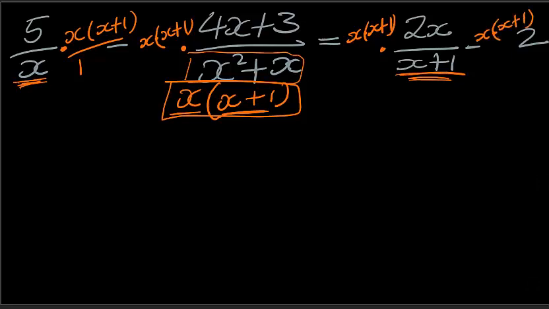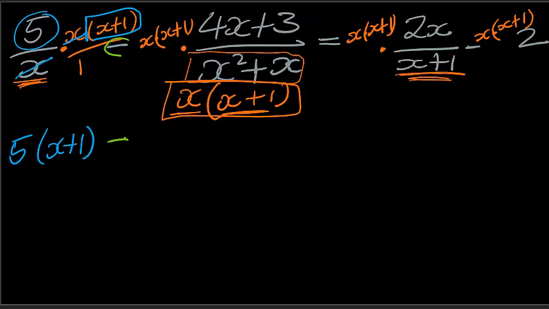Okay, so let's do this. In our first one, x and x cancel out, so I have 5, and then I have x plus 1, 5 times x plus 1. Minus, that's that sign. So here x plus 1 cancels out with x plus 1. So what we have left is 4x plus 3.